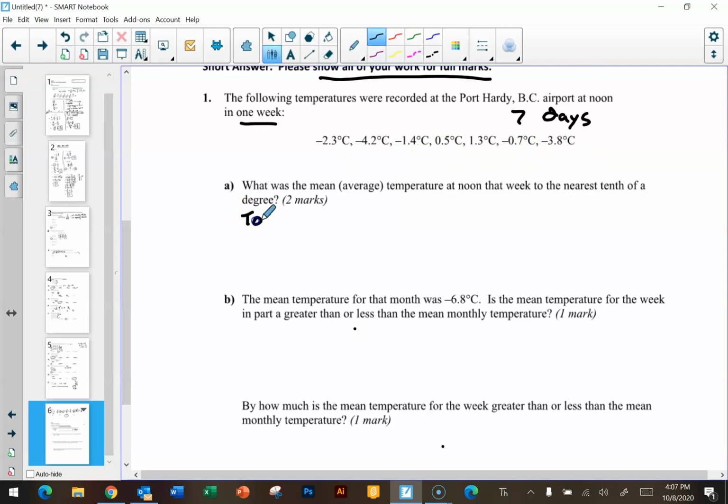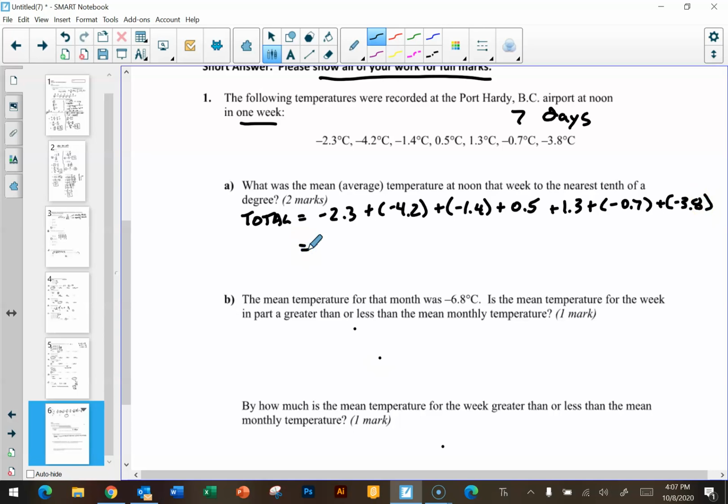So we have to add all these up. To get the total, we need to go negative 2.3 plus a negative 4.2 plus a negative 1.4 plus 0.5 plus 1.3 plus a negative 0.7 plus a negative 3.8. You could do it by hand, but in this case, why don't you just use your calculator?